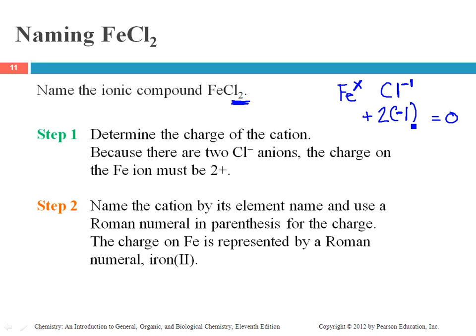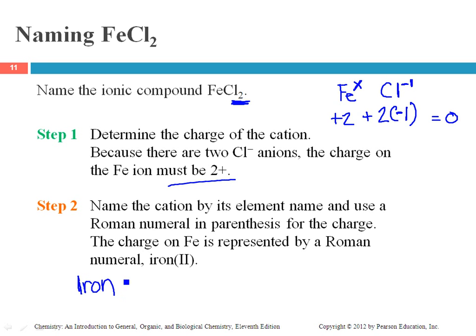We need it to equal 0. So we know that we're going to have an ionic charge of +2 on the iron in order for us to equal 0. Then we're going to name the cation, so our metal is iron.